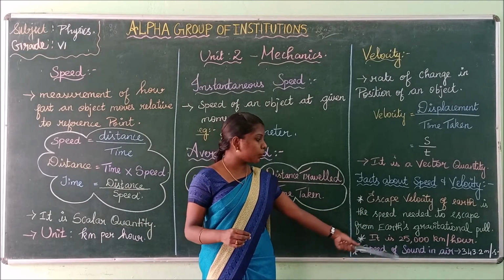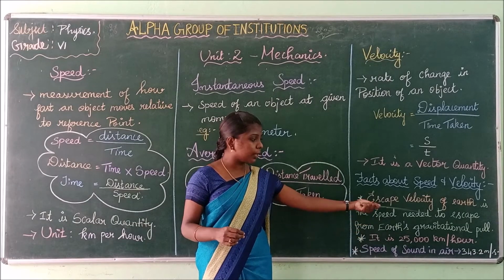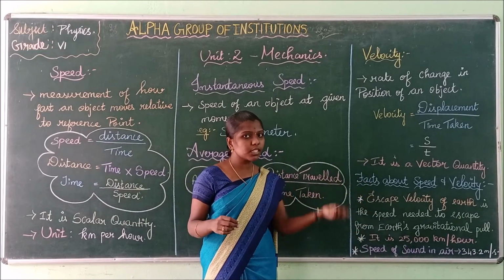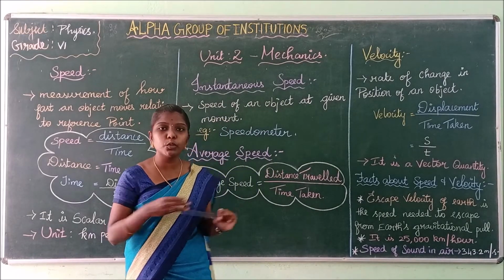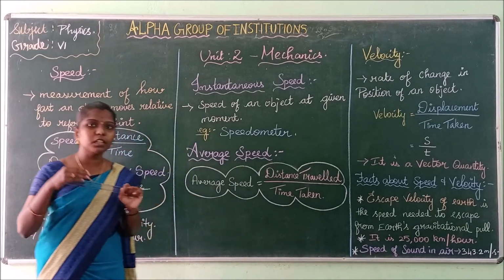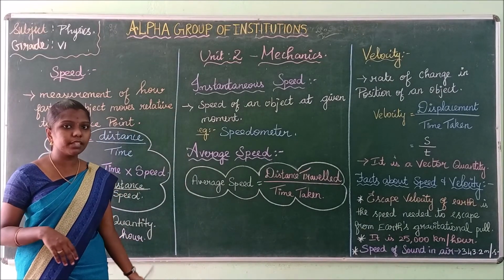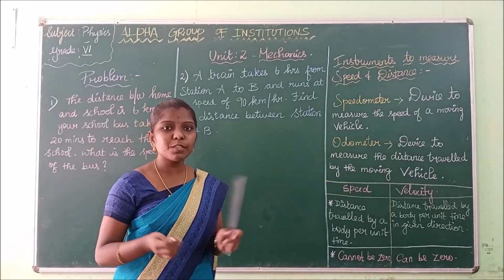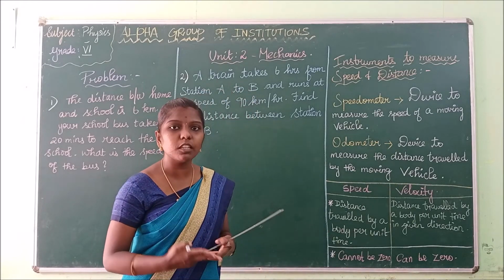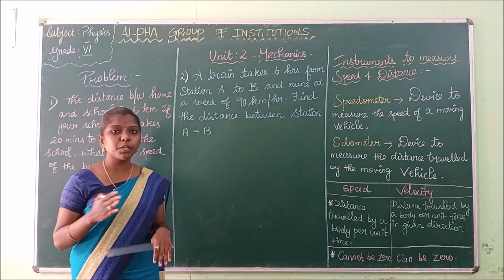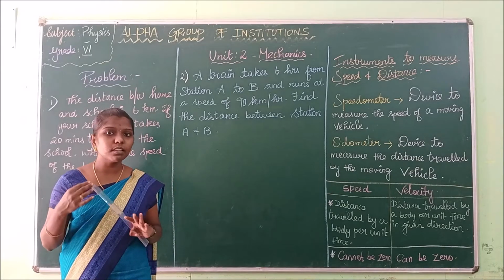Speed of sound in air is 343.2 meter per second. Unit of velocity is meter per second and the unit of speed is kilometer per hour. Is it clear? We have seen what is speed, instantaneous speed and average speed, velocity, and the units for velocity and speed.